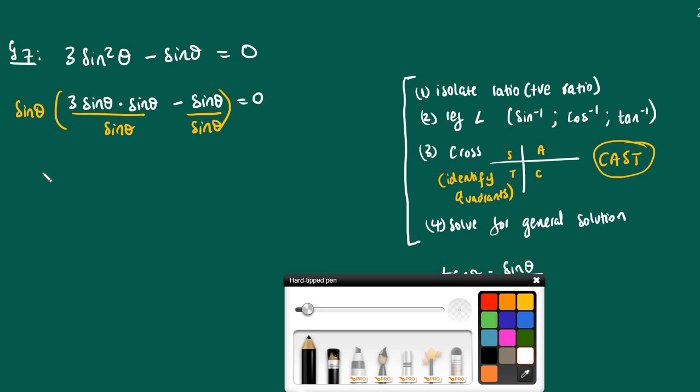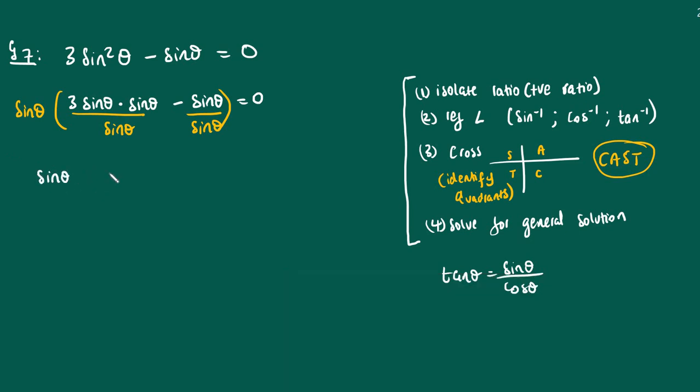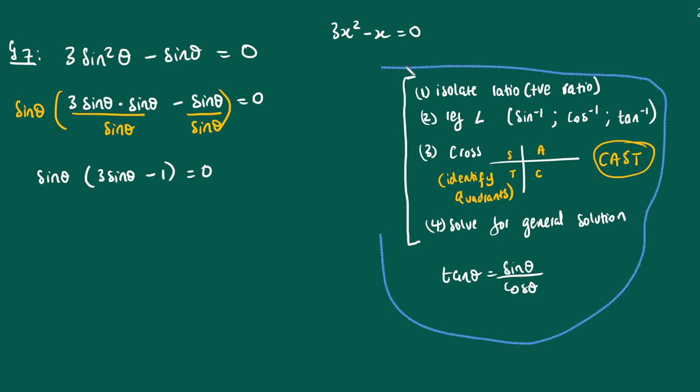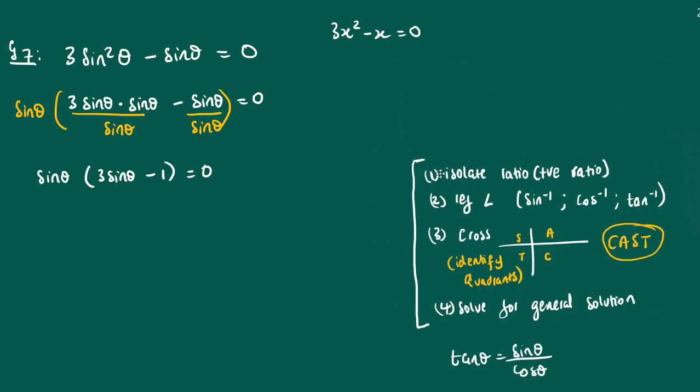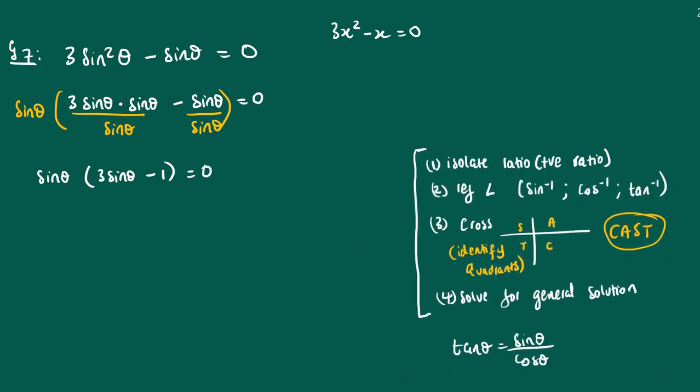Then you're going to have sine theta into 3 sine theta minus 1. Good. Now that you have this, it's more like you have 3x squared minus x is equal to 0. A question like this, you don't really have to struggle using the general formula, the quadratic formula there. No guys, don't do that. You can simply just divide by the one that is common.